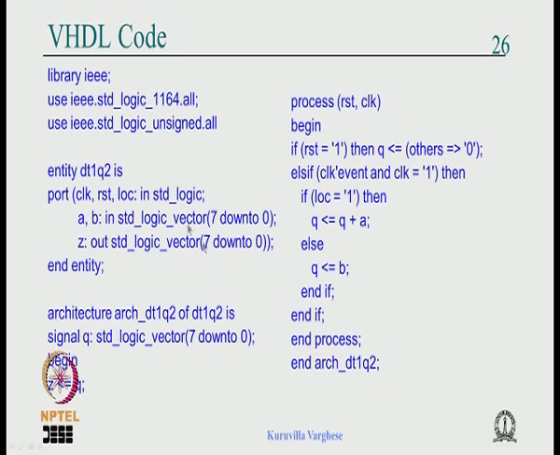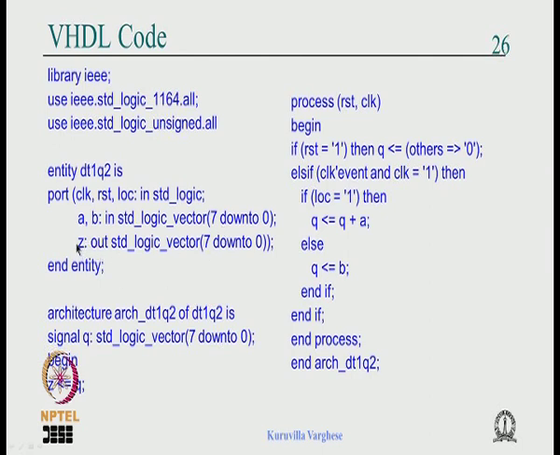Whenever I give a question, I don't write a counter or some legible name, and sometimes I even change these names so that it is not easily obvious, like when you go back from a VHDL code to the block diagram. So here the ports are clock, reset and LOC, which are single bit inputs, A and B which are 8 bit inputs, and Z is an 8 bit output.